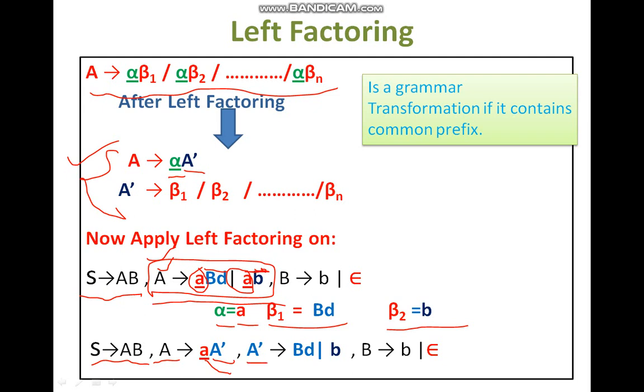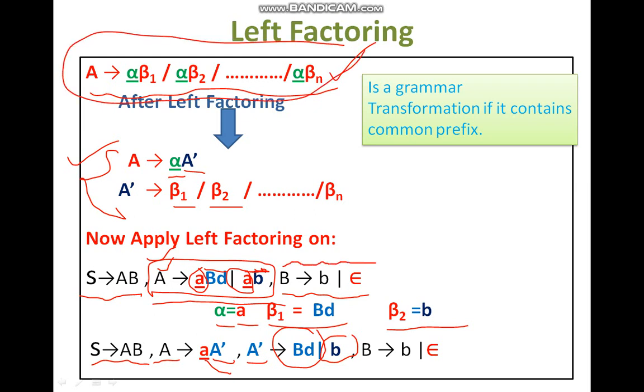Now A dash will produce beta 1, beta 2, so BD is beta 1 and B is beta 2. The other production rule does not require left factoring because it is not in this form. That's why this production rule does not require left factoring. So this is your left factored grammar.